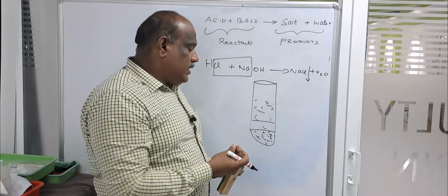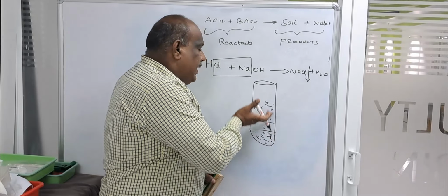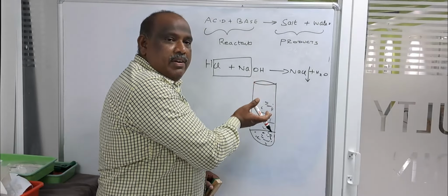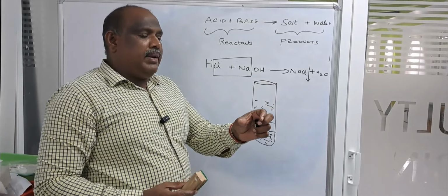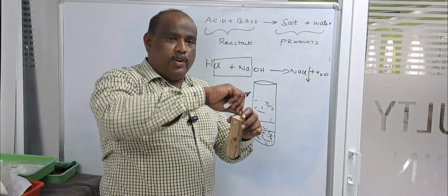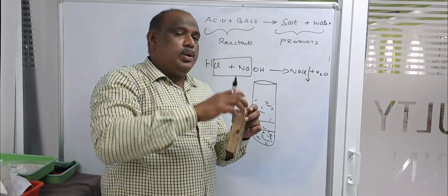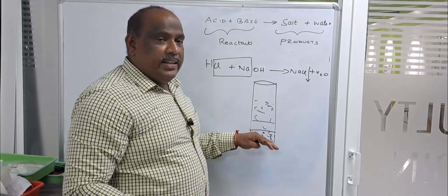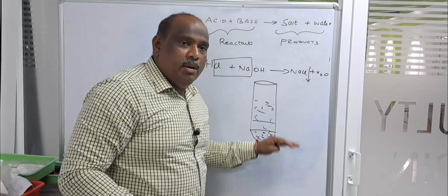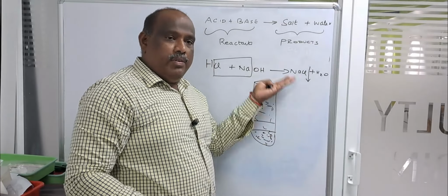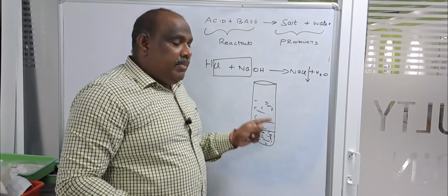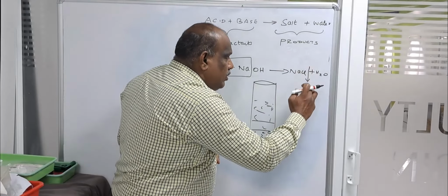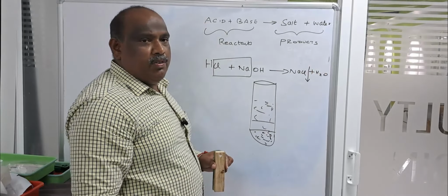You can see some white color material scattered, and the plain water will be above. I pour some hydrochloric acid and some sodium hydroxide, then leave it. After some time, I can find that sodium chloride has settled at the bottom and clear water is above. This is a precipitate, and when something precipitates, we always put a downward symbol.